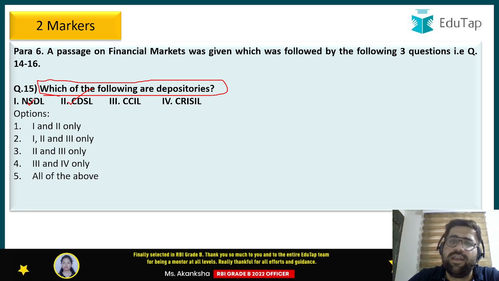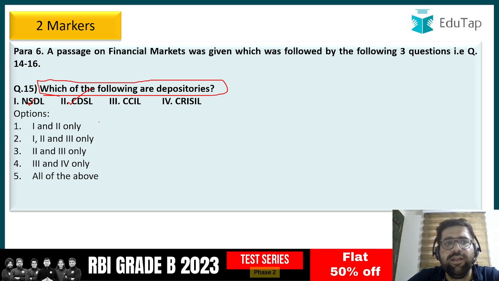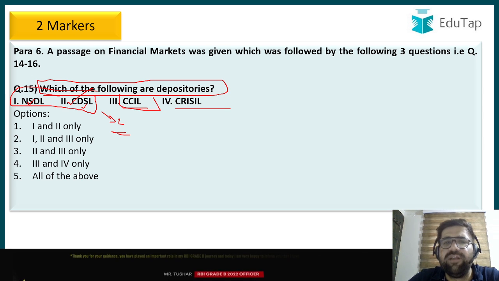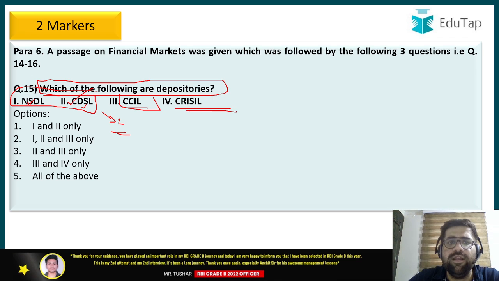That is National Securities Depository Limited and Central Depository Services Limited. Therefore, the correct answer will be 1 and 2, because in India there are only 2 depositories. CCIL and CRISIL will not be the right answer, because CCIL is a kind of central counterparty. It's like a marketplace which helps in settlement. CRISIL is a credit rating agency. Therefore, the correct answer will be 1 and 2 only.